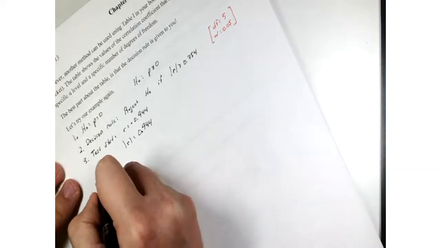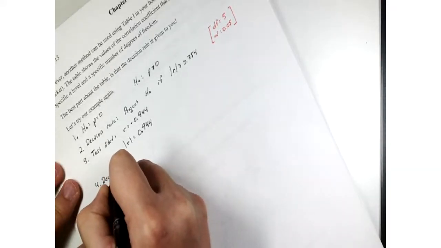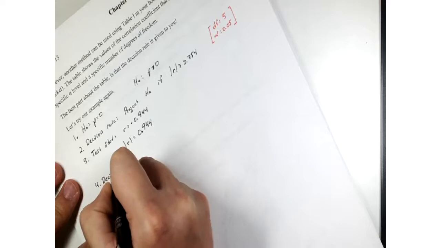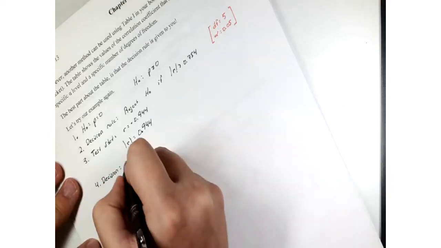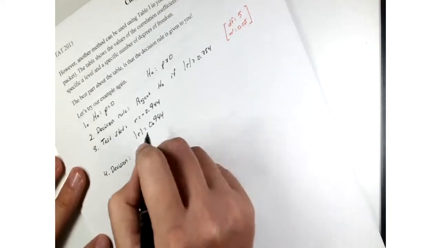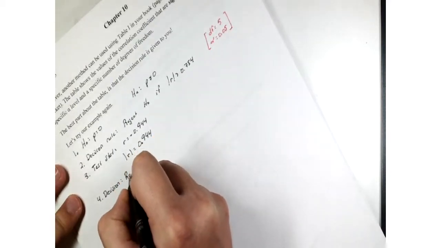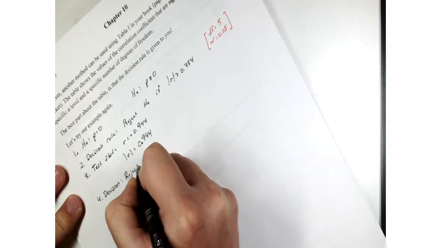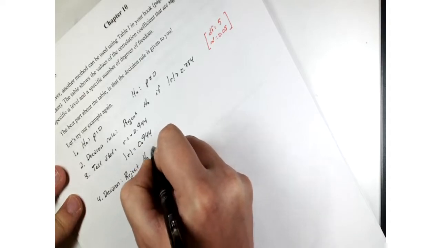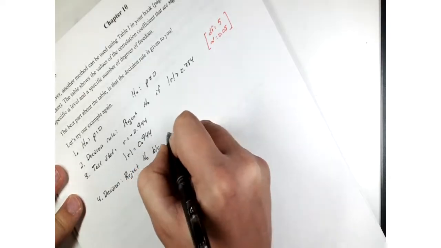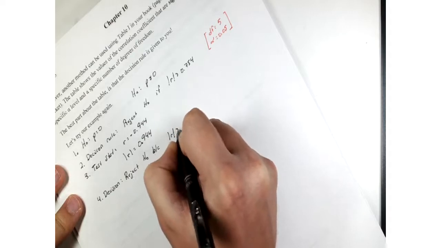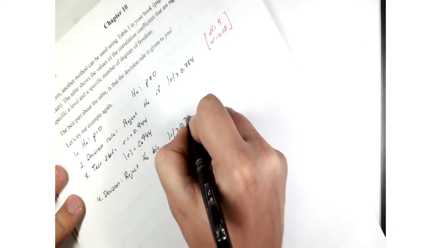So the decision in this case is what? The same thing as it was before. Reject the H0 because the absolute value of r is greater than 0.754.